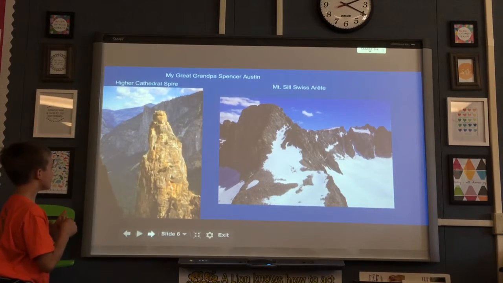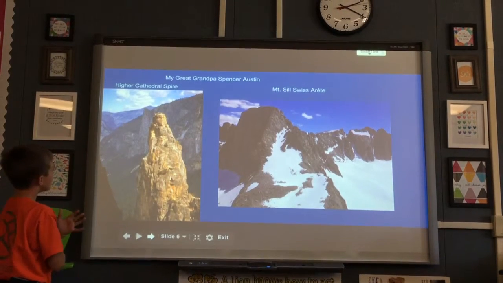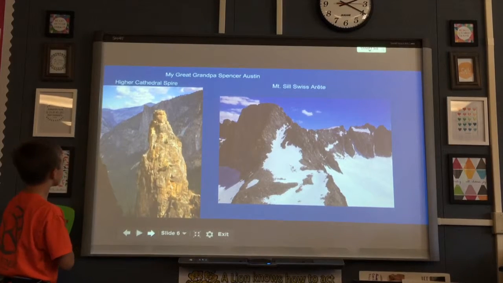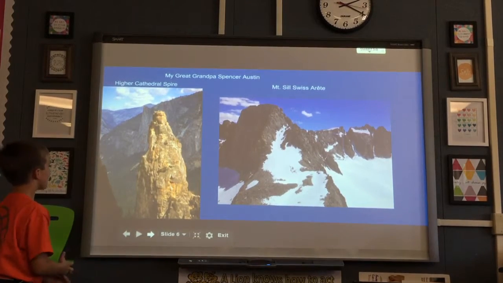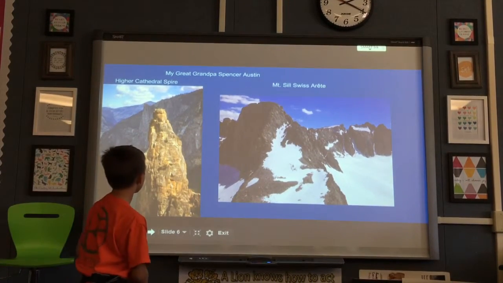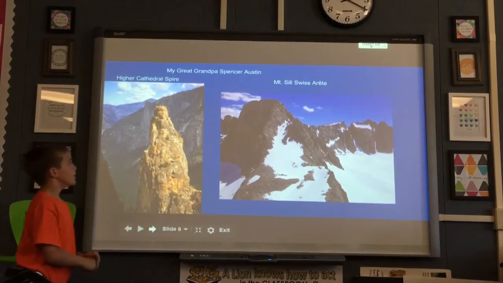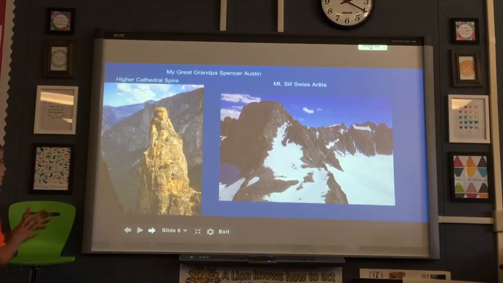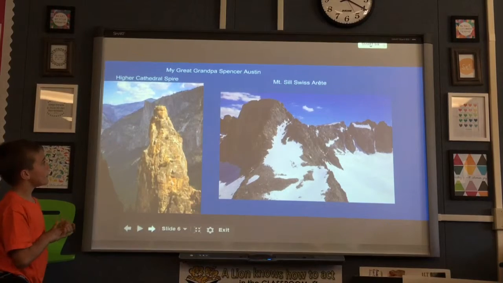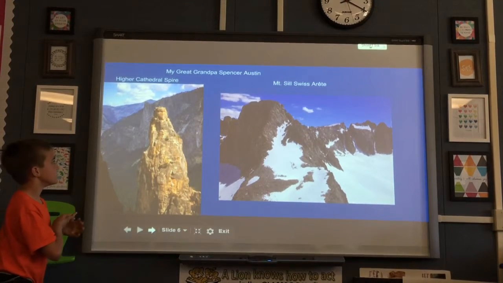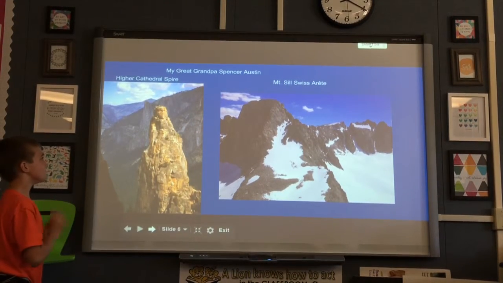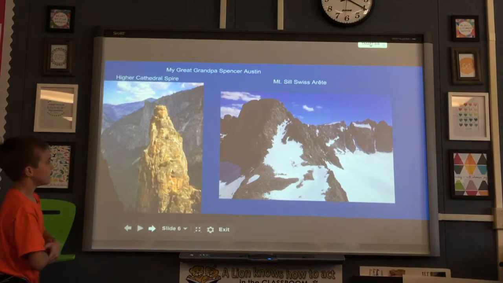So this is one of them. Higher Cathedral Spire is this one on the left, and that was first attempt. And Mount Sill, Swiss Arnett, close enough.